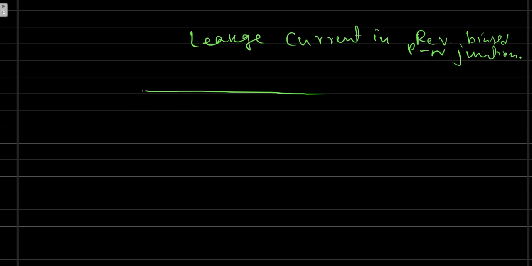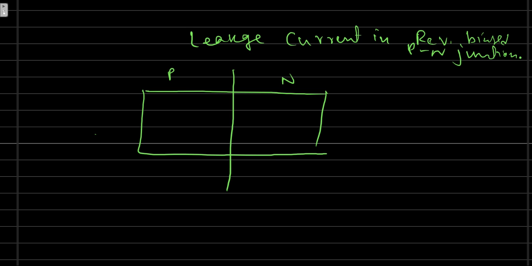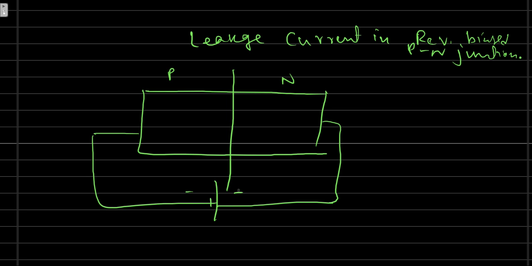We have a PN junction in reverse bias like this, with the P side connected to the negative terminal and the N side to the positive terminal of a battery, VBB for example. Now see, due to the temperature effect, some electron-hole pairs are generated, because some of the covalent bonds are broken, and that happens at room temperature also. So electron-hole pairs are generated throughout the semiconductor.